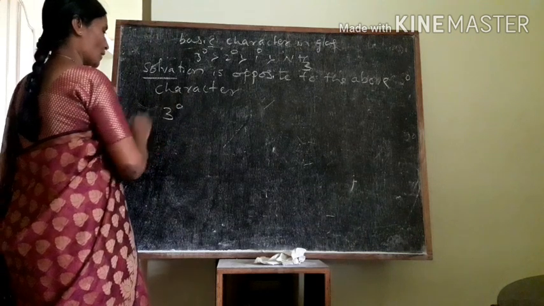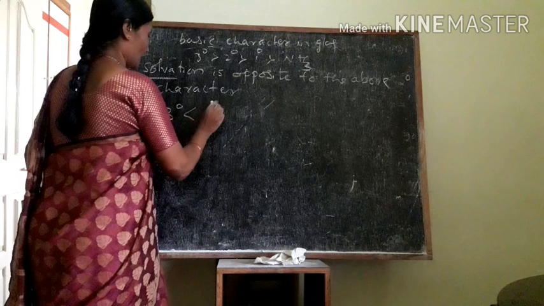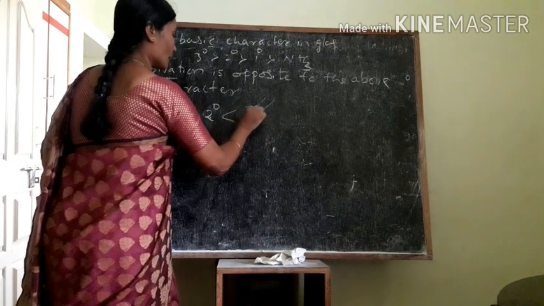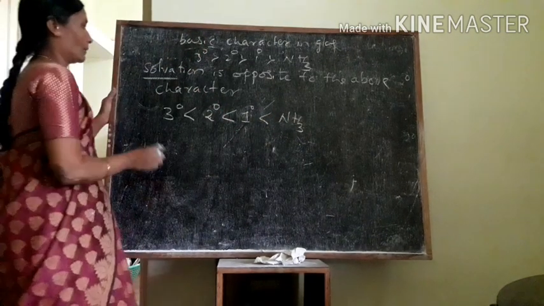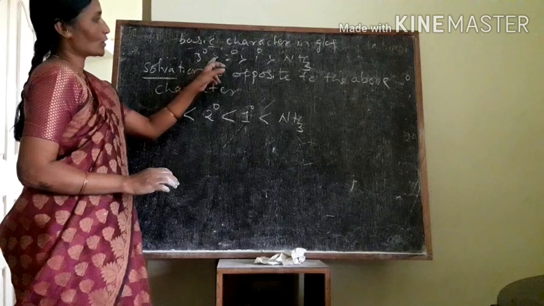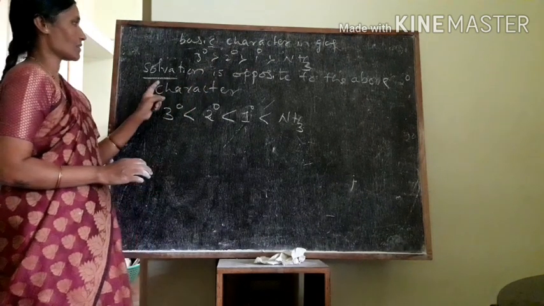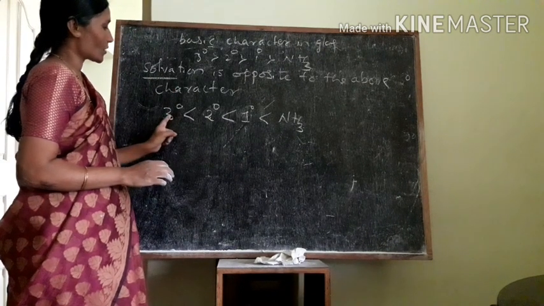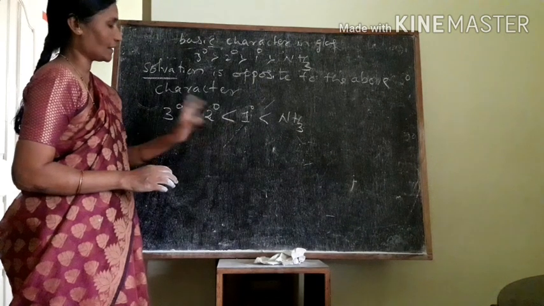Tertiary amines are said to have less solvation than secondary, than primary. Solvation is opposite to the basic character in gases. Okay, so tertiary has less solvation than secondary and primary.